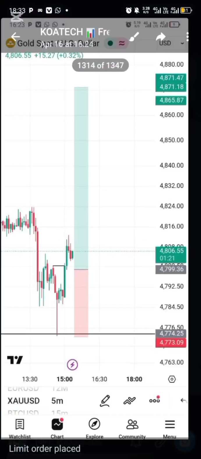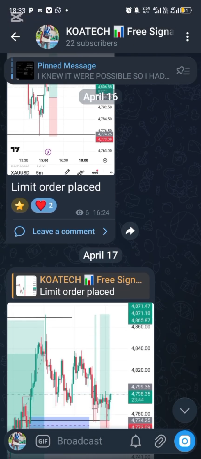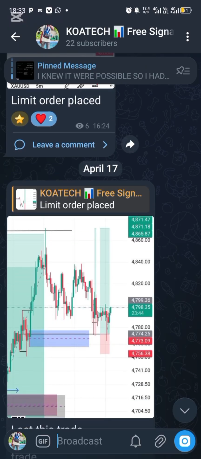Look, this is a very nice confirmation. Look at that engulfing candle displacement. That's a very nice confirmation. But it still went to SL. So trade number 7 was SL.